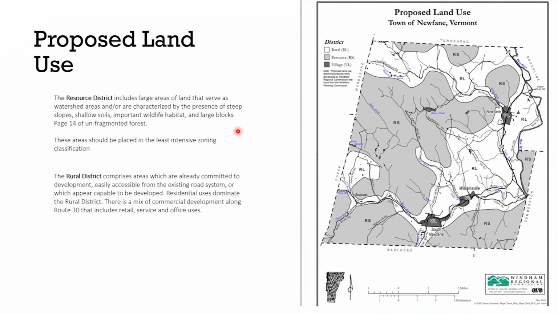Okay. Then they have this rural district, which is already committed to development, easily accessible from the existing road. So look at that pattern for what they're proposing, right? They're keeping an intact block here, one here and one here, but they have allowed for sprawl.